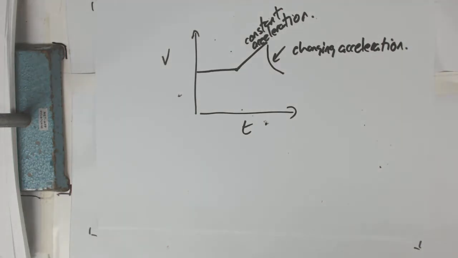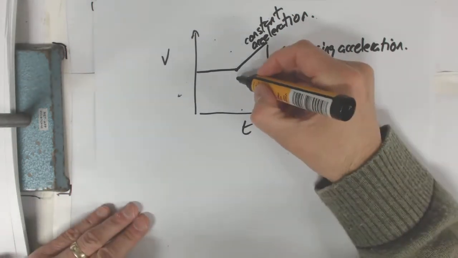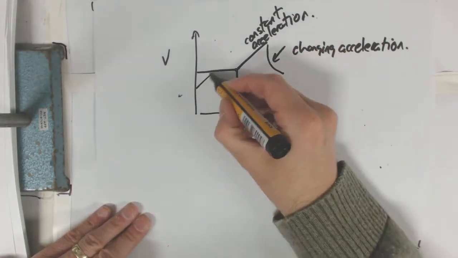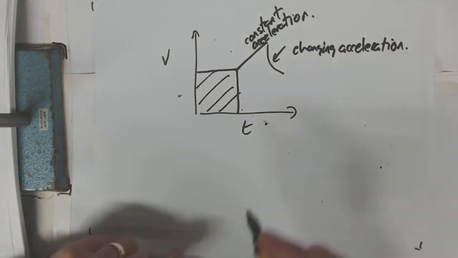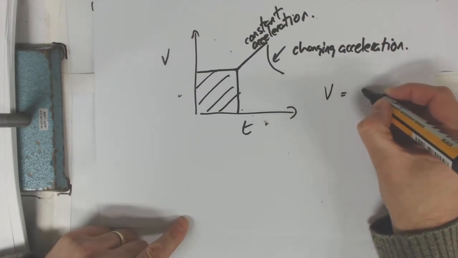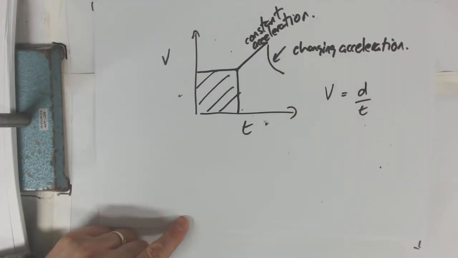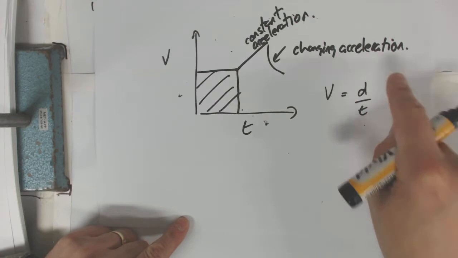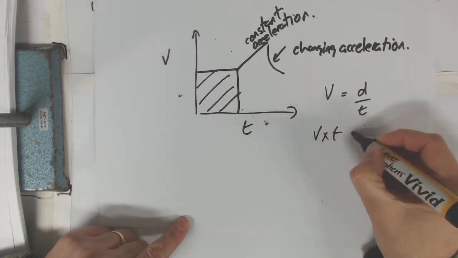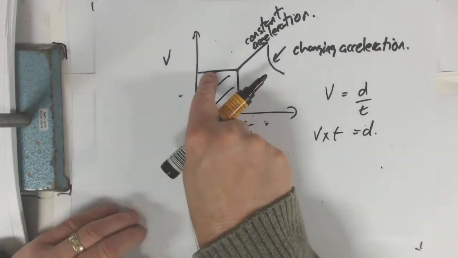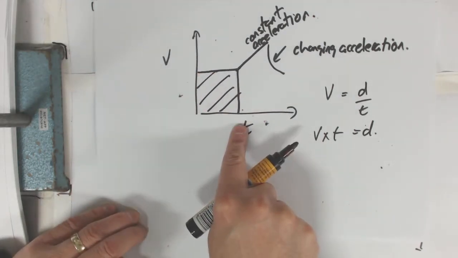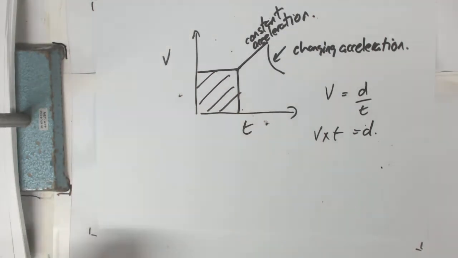Alright? Now the thing to remember also about these VT graphs was that area under a VT graph represents displacement. So we've got these formulas, V equals D over T. So V times T equals D. Now that means that the area, V times T, is the area which is your displacement.